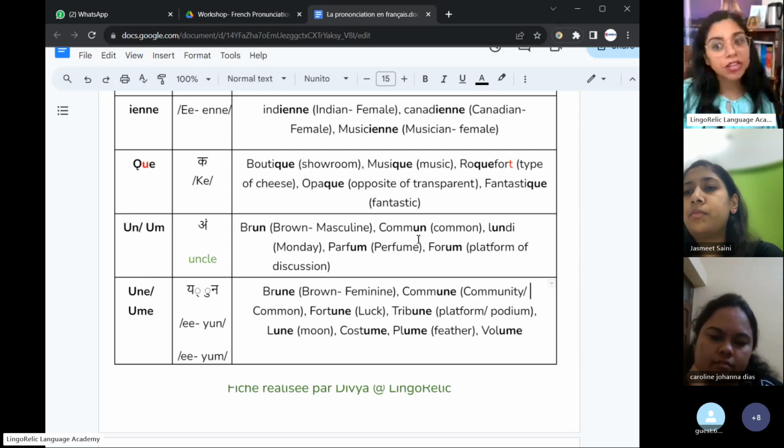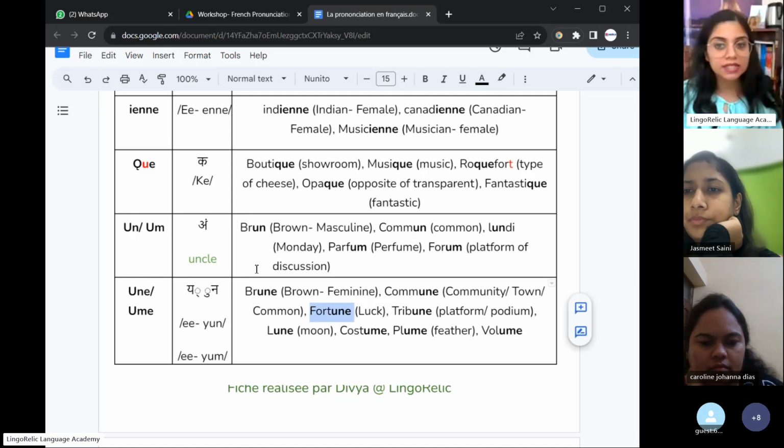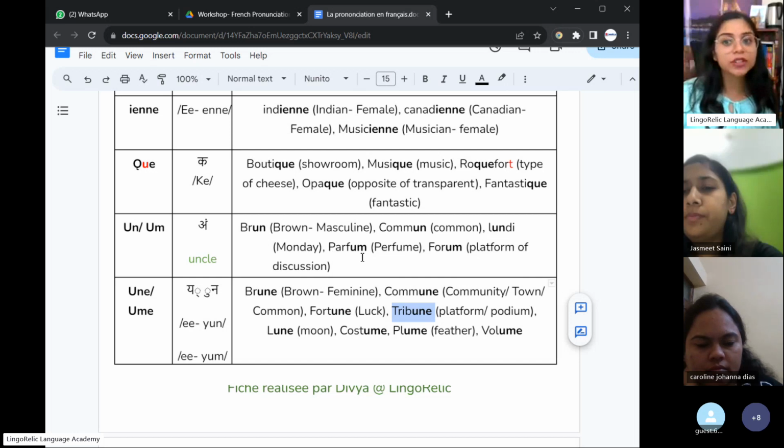It could also be a community or a town. Okay, commune. Alors maintenant, qu'est-ce que c'est? Fortune. Fortune is luck. Then tribune. Tribune is a platform or a podium.